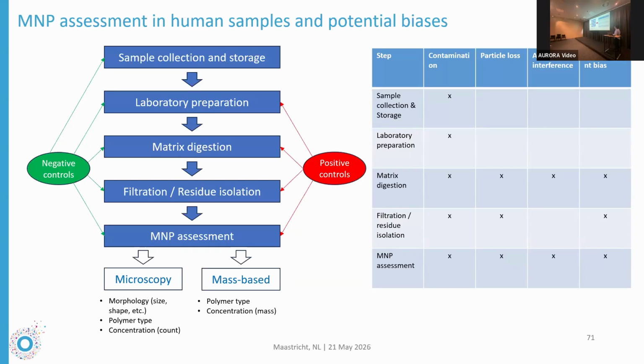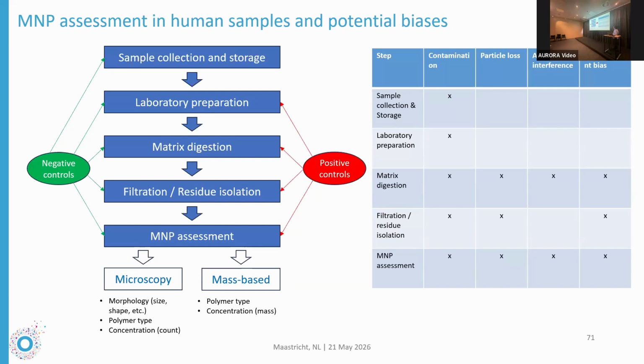So in the table on the right, I show that besides contamination, which I have mentioned can occur at every stage of the workflow, there could also be other potential biases, for example particle loss during the digestion and filtration phase, because of the pore size of the filter. And also in micro nanoplastic assessment, especially if we use microscope-based methods, different methods have their specific resolution, so if the particle size falls below the minimum resolution of the method, the particles cannot really be observed.